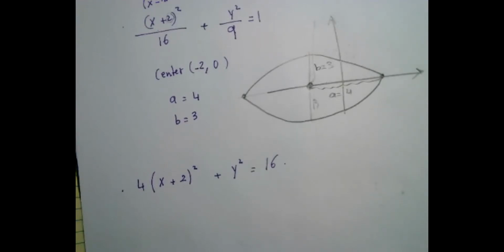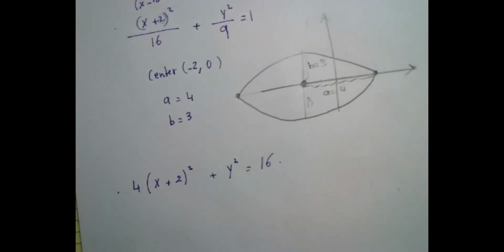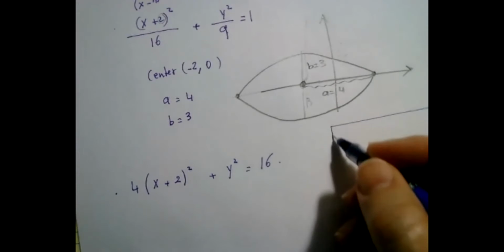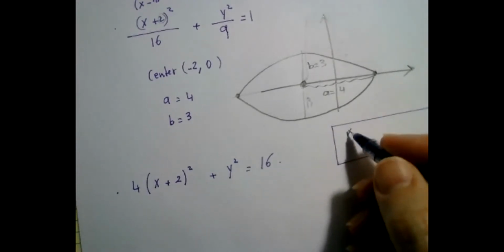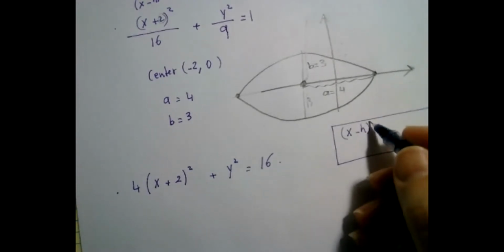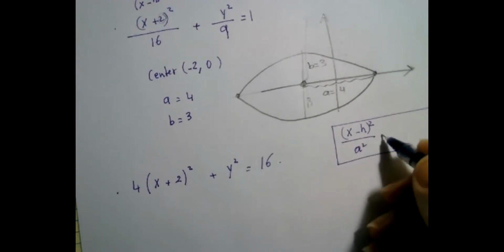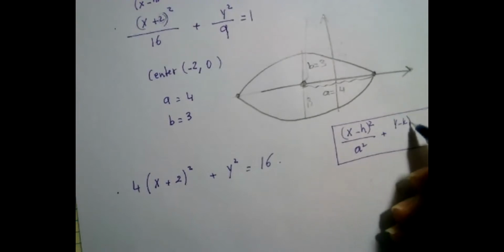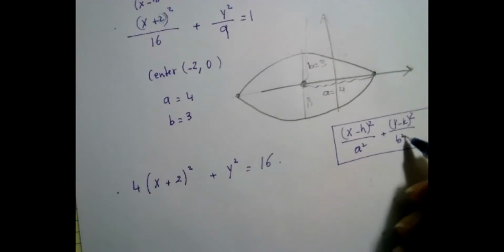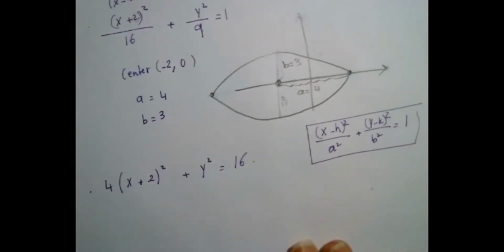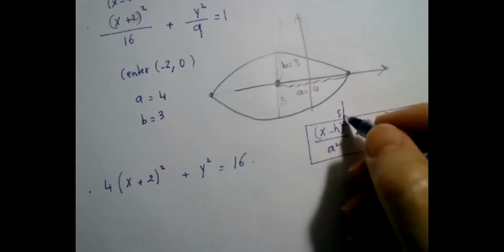Quickly. Right. Remember the standard format. Let me make sure you understand what I mean by standard format. That's what I mean by standard format. X minus h squared over a squared plus y minus k squared over b squared equal to 1. Okay, that's what we mean by the standard form.